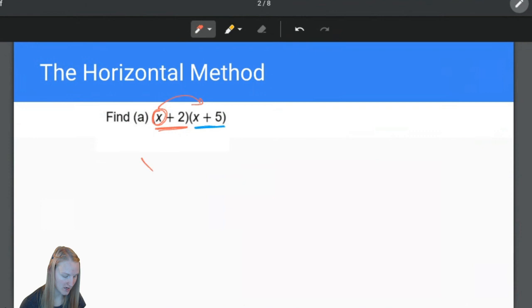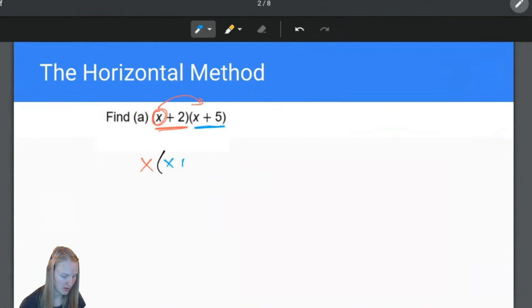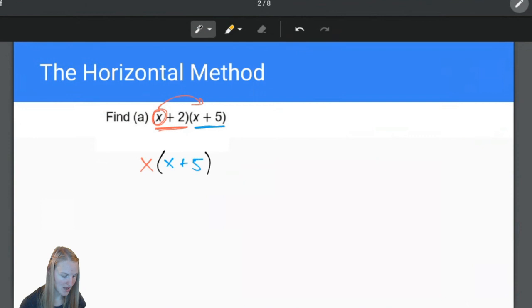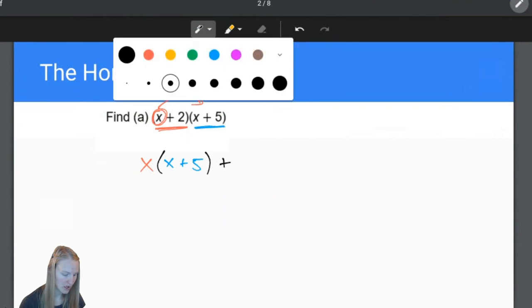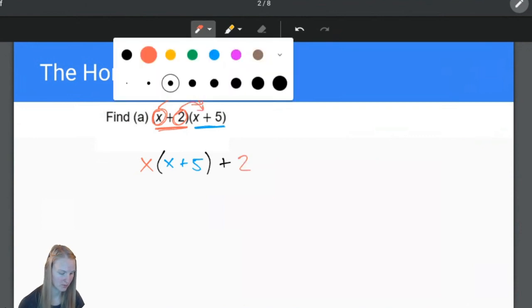So I have x times x plus 5. And then notice how you have the plus 2 over here. So then you take the 2, which is the second term in the binomial, and you multiply it by the second binomial.